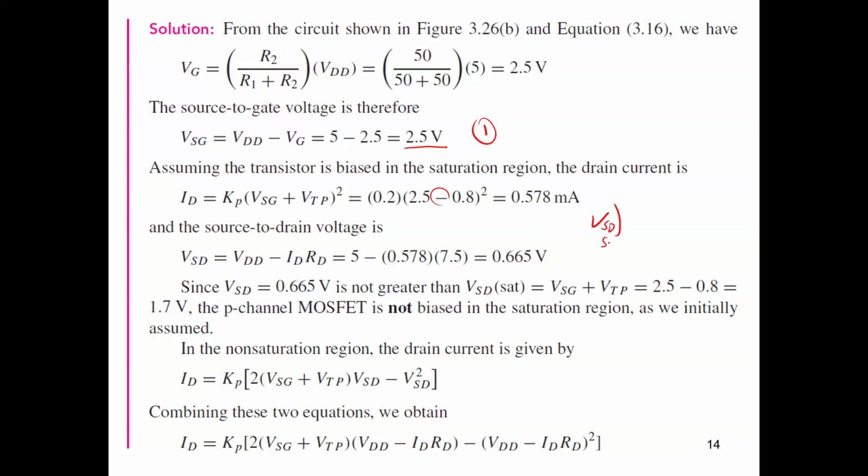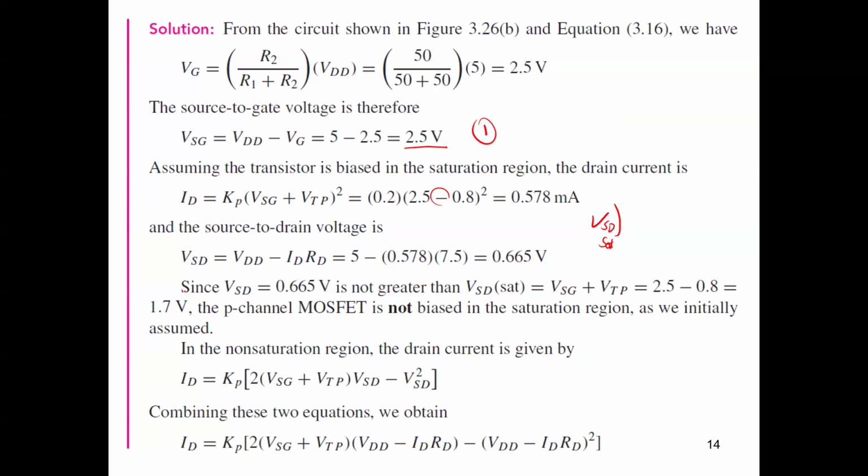In order to check now, we need to compare with the value of VSD saturation. What's the value of VSD saturation? Actually, it's nothing but VSG plus VTP. So VSG is 2.5, as we could see here, and VTP is minus 0.8. So 2.5 minus 0.8 is 1.7 volt.